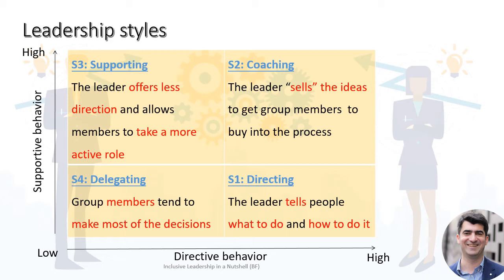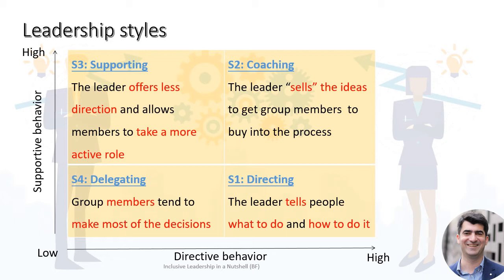The first one is S1, directing leadership. This type of leadership is associated with autocratic leadership. A directing leader will make all decisions without consulting the team members or subordinates. The leader tells what to do and how to do it.